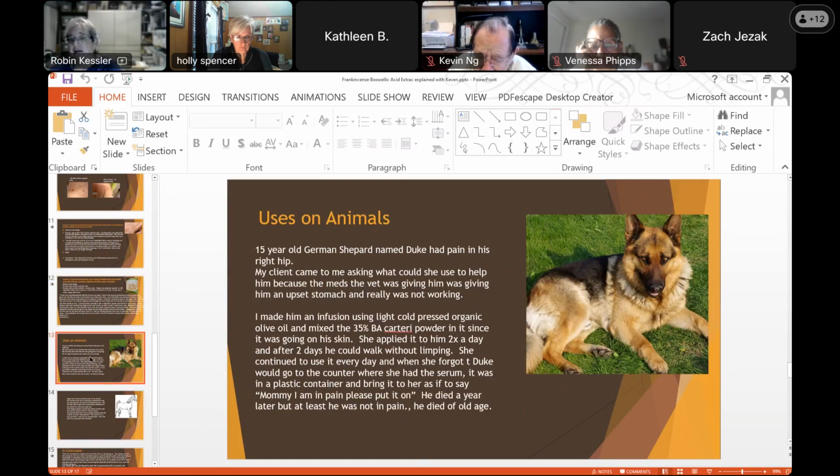Now, Kevin also talked about animals. So I had a client who had a 15-year-old German Shepherd named Duke, and he had very bad pain right here. This happens to be Duke on his right leg, on his hind leg. So my client came to me and said, "What can you do?"